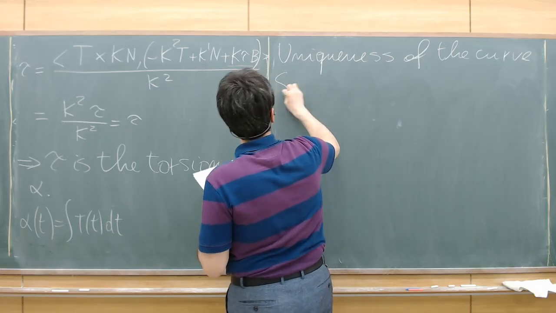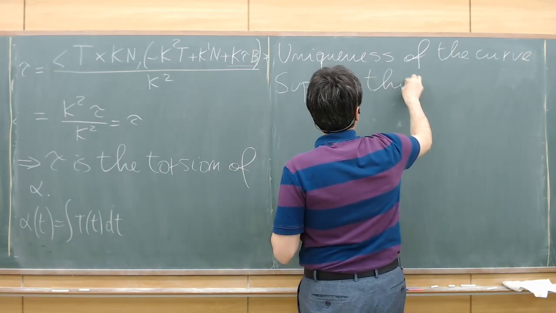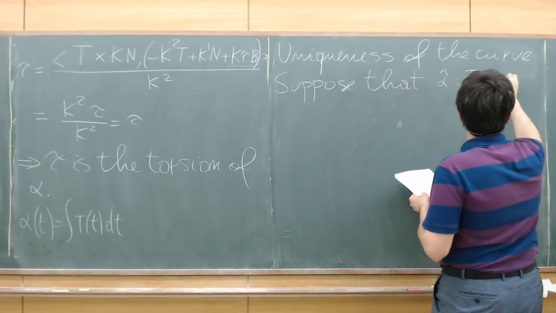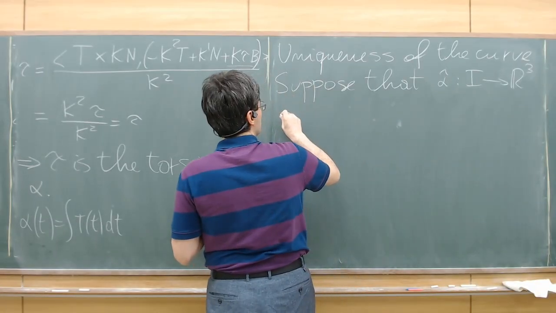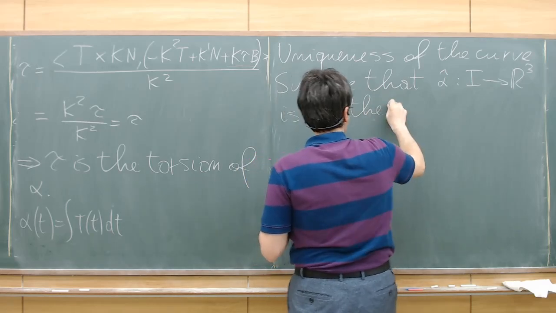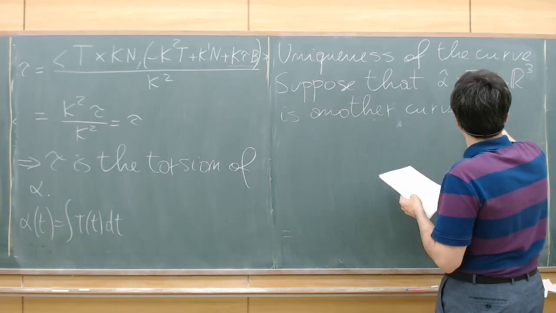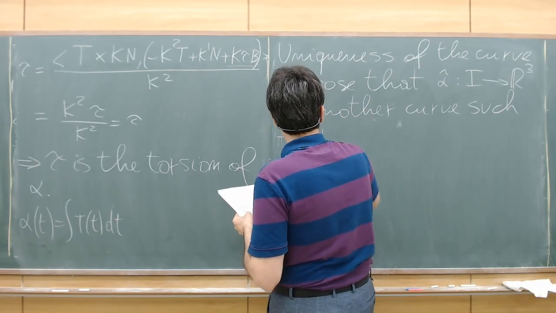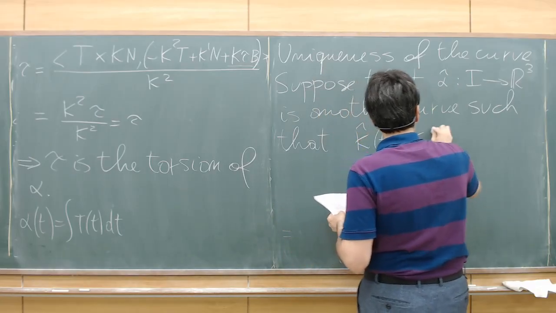Suppose that alpha hat is another curve such that k hat of t is equal to k of t.